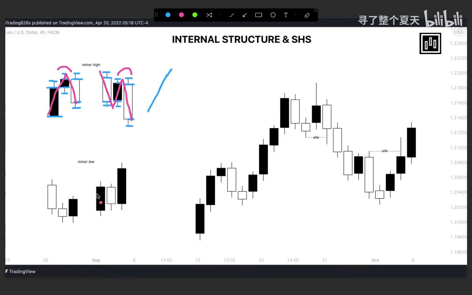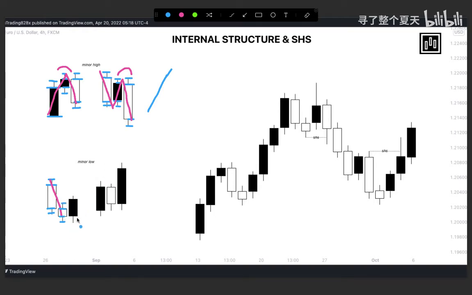So let's look at a minor low. In terms of a minor low, again, price opens up around this area here, creates a high, a low, and then a close, right? So technically price is pushing to the downside around this area here, because even on the second candle, price creates an open, high, low, and then a close. So technically price is still pushing to the downside.